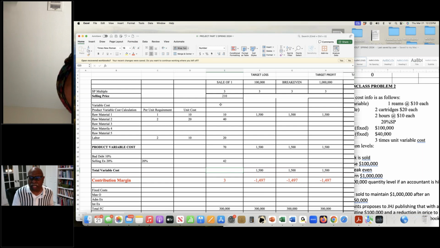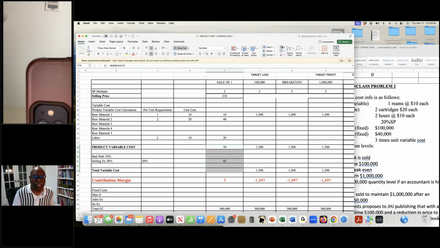It says the commission rate is 20% of the selling price. So I took 20% of 210 and I got 42. So my total variable cost now is going to be the 70 plus the 42. So it's going to auto sum at 112.